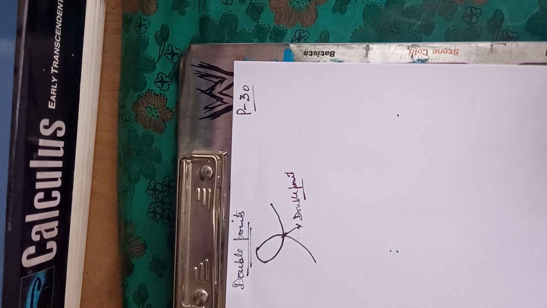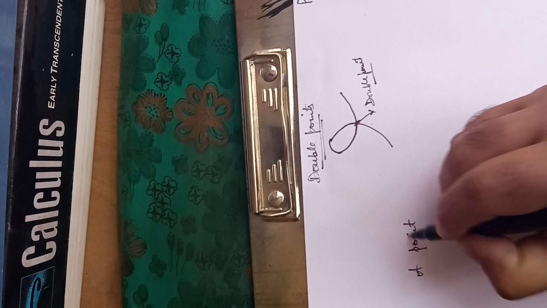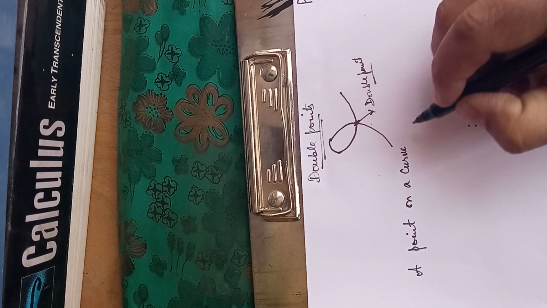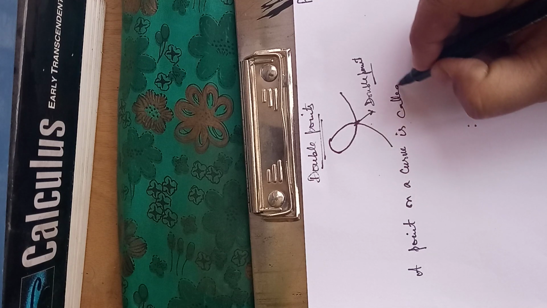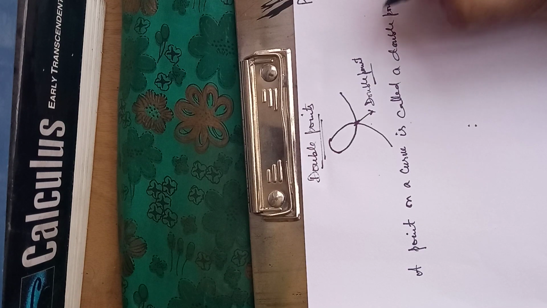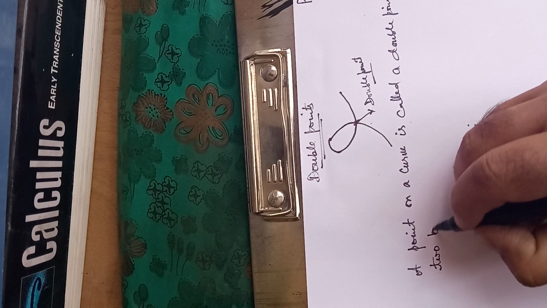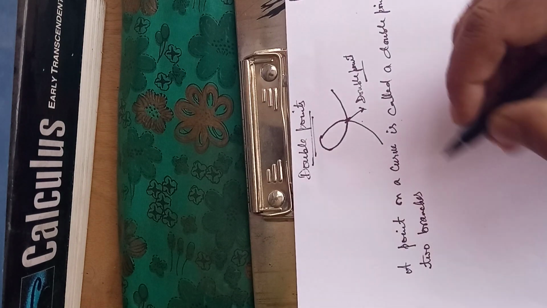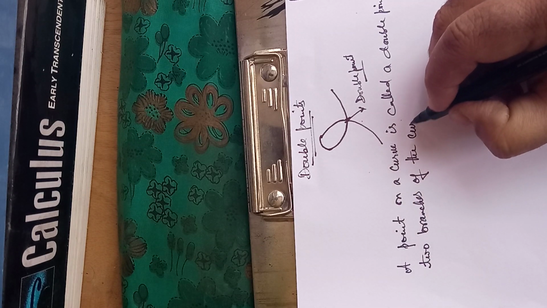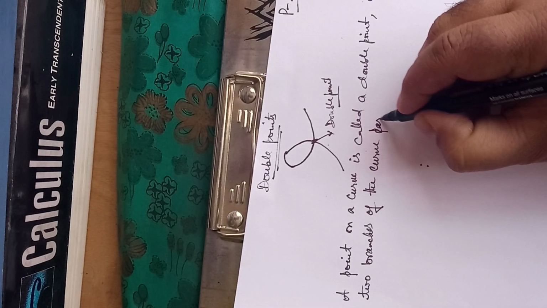Let me write down. A point on a curve is called a double point if two branches of the curve pass through it.